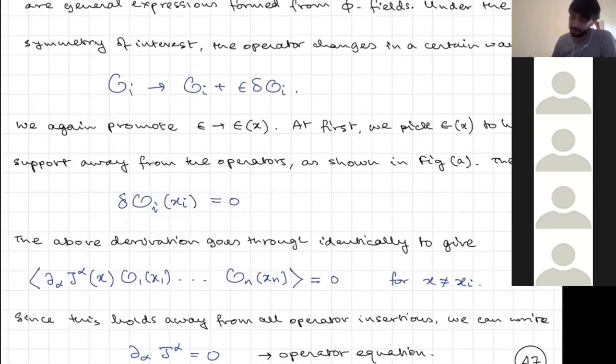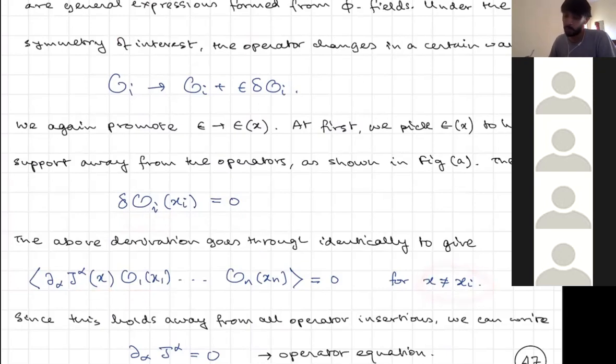What we had done before just goes through identically, and that just gives us that del alpha J alpha of x, O1 to On, which is at x1 to xn, this particular thing, the whole thing has to be equal to 0. And the point here to be noted is that x is not equal to xi.